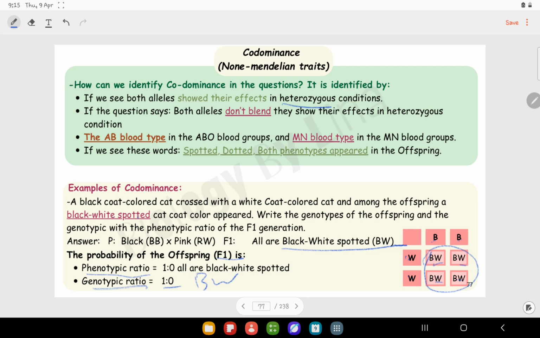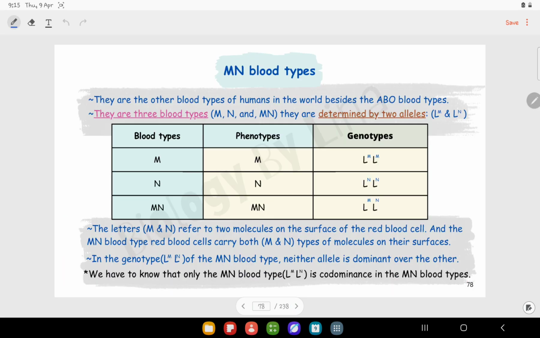All of them will be black-white spotted, so also 1 to 0. This is the phenotypic ratio. So phenotype equals genotype. This rule applies for both incomplete dominance and codominance. For both of them, we have the same rule. But for complete dominance, the phenotype ratio does not always equal the genotype ratio.